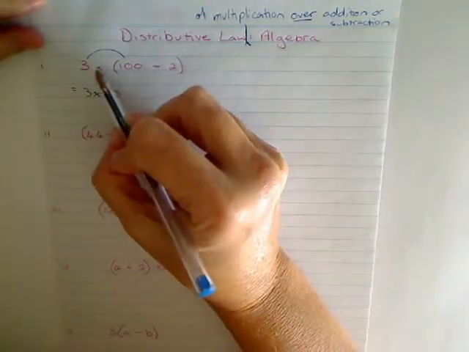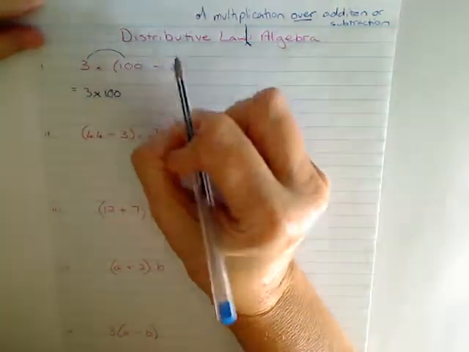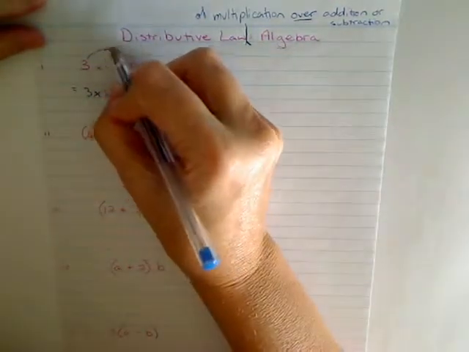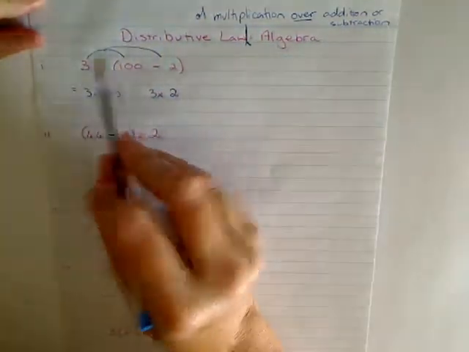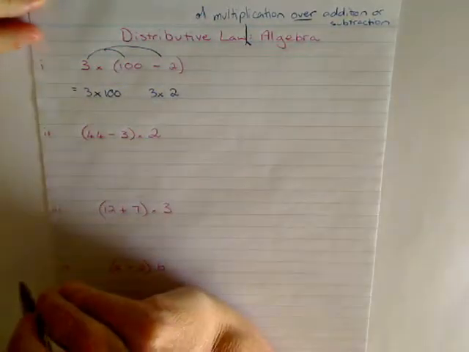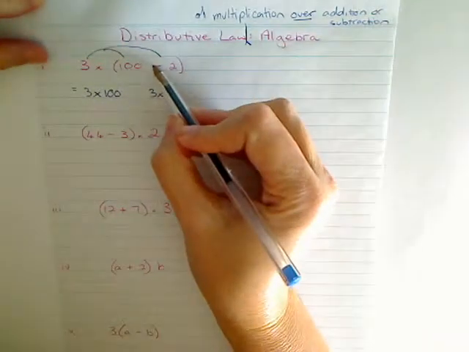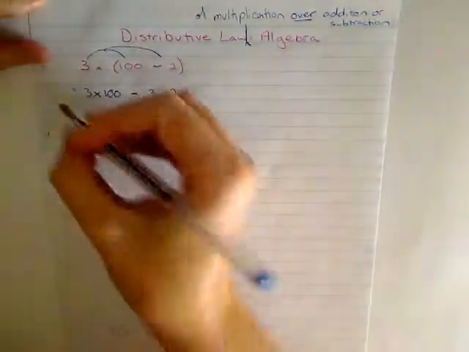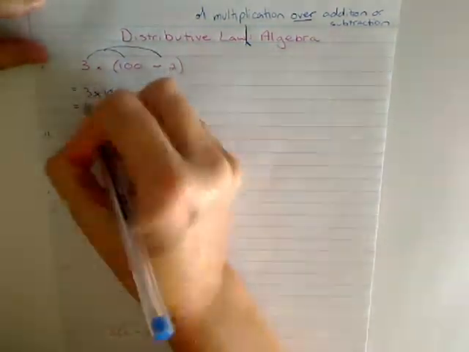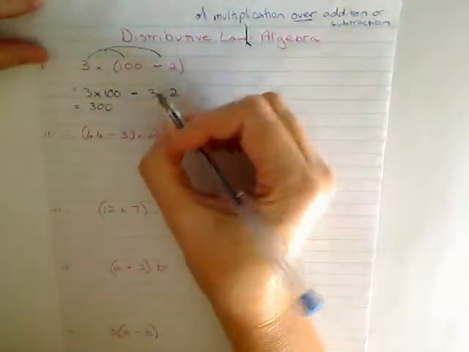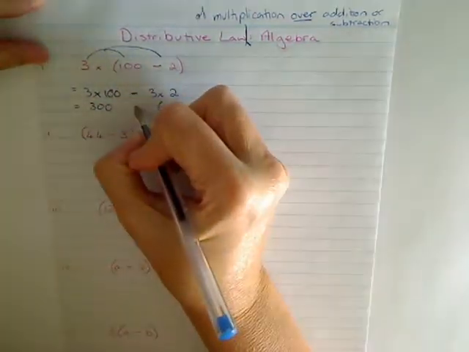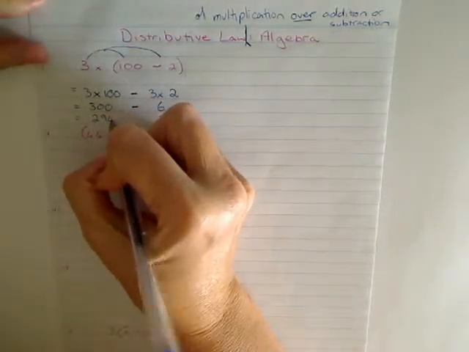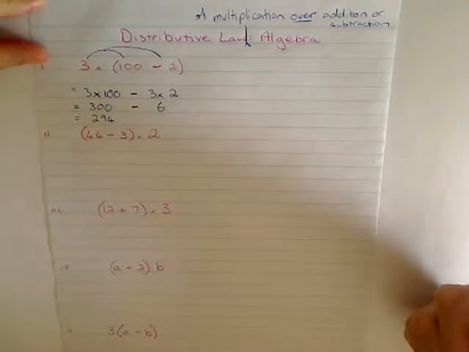I'm distributing my multiplication over the top of subtraction. You often see these kinds of claws drawn over the top to make sure you multiply everything. If it was subtraction to begin with, it's subtraction in the next line of the calculation. 3 by 100 is 300. 3 by 2 is 6. It must be subtraction, which means I've got 294 is the answer to this calculation.